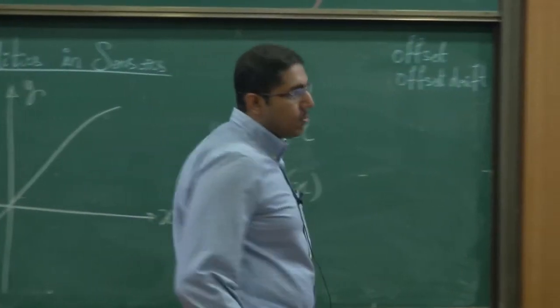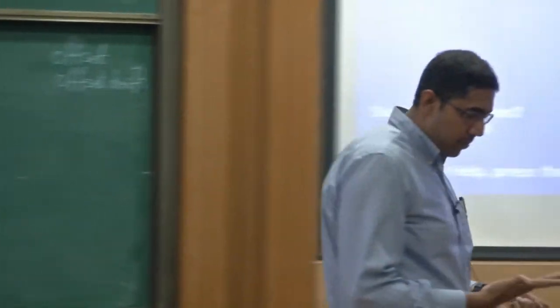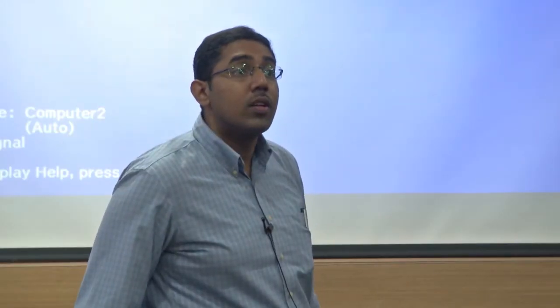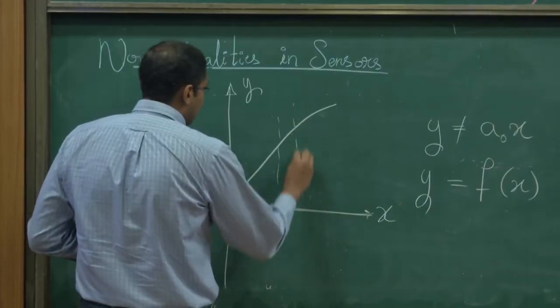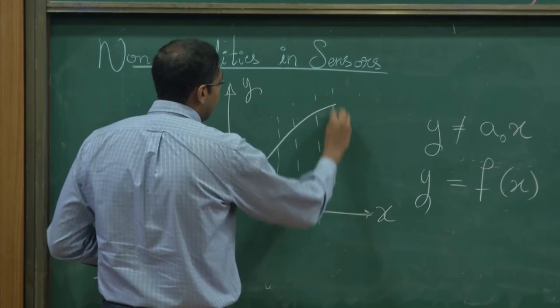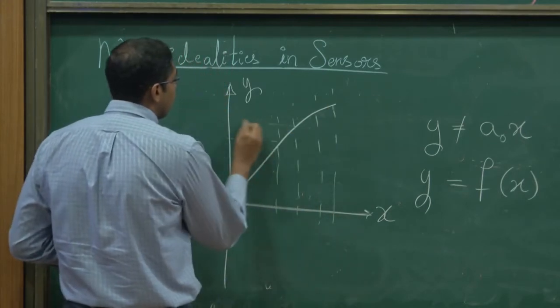And why is this a problem? No, why is this a problem first of all? Different values of input, I would get the same output. Is that true? No. Different values of input, you are getting different outputs.